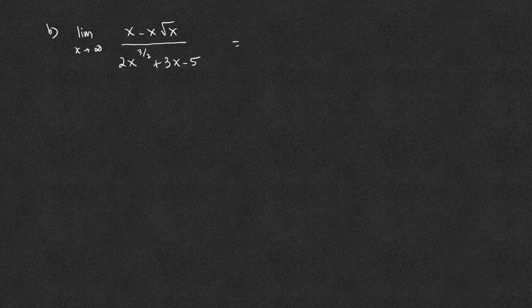Notice that in the numerator, we can rewrite this as x minus x to the power 3/2, because the square root of x is the power 1/2, and x times x to the 1/2 is x to the 3/2 power. 2x to the 3/2 plus 3x minus 5 in the denominator.